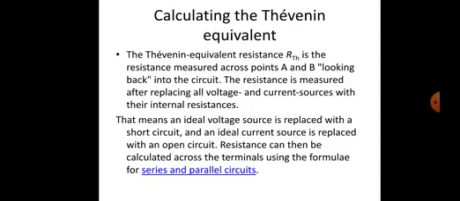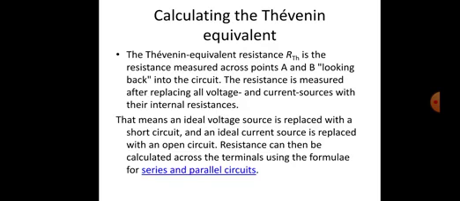The Thevenin equivalent resistance RTH is the resistance measured across points A and B looking back into the circuit. The resistance is measured after replacing all voltage and current sources with their internal resistance.